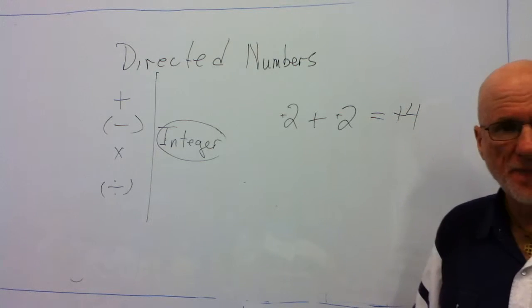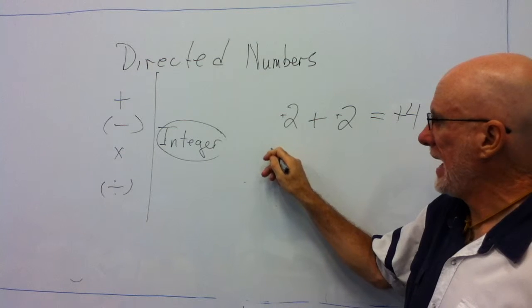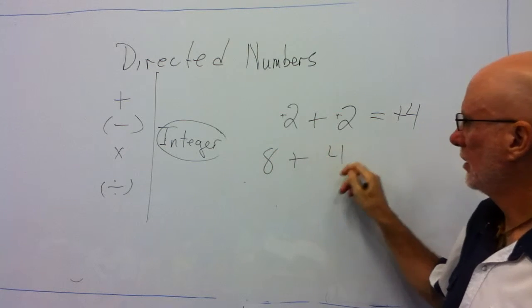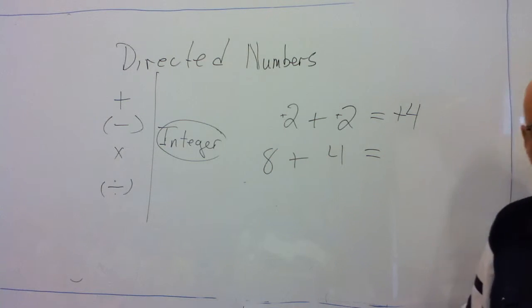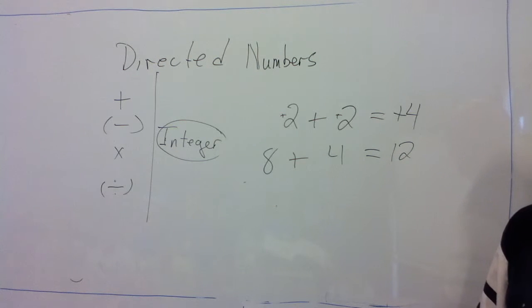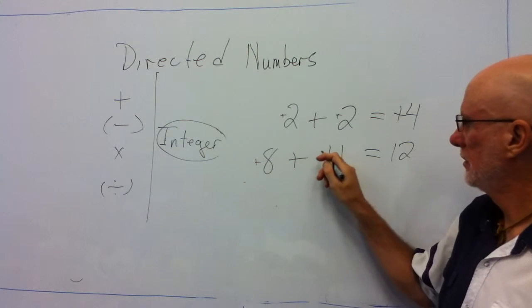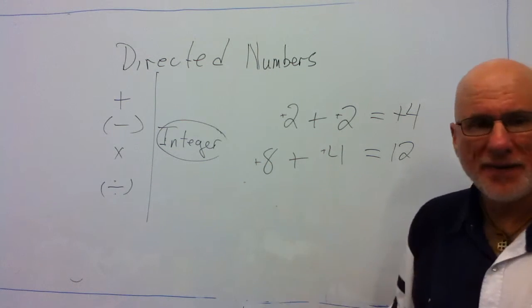What about 8 plus 4? 12. Easy? Kind of silly? A little silly? Because these are all positive numbers, right? Yes. Okay, what about this?